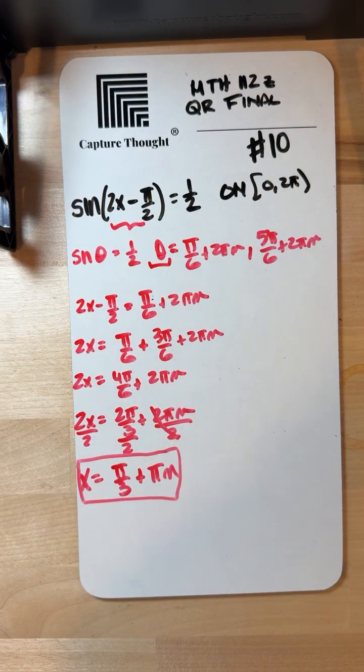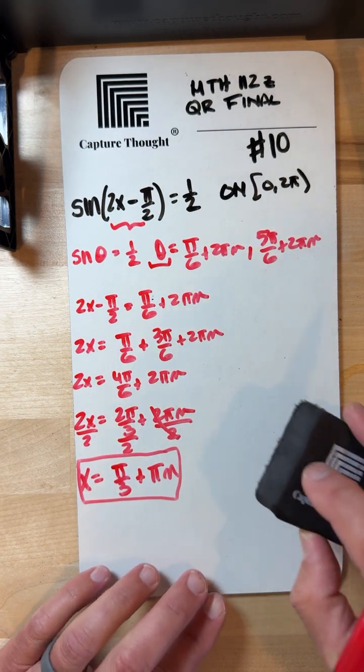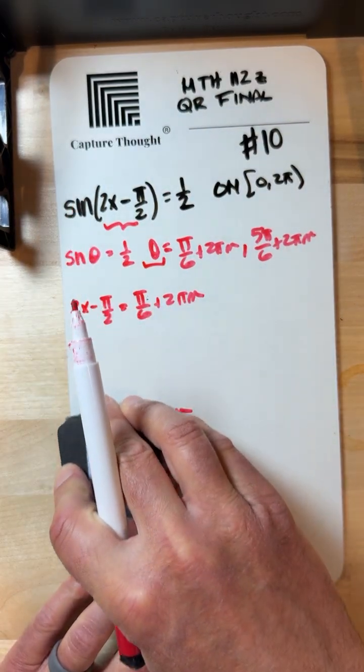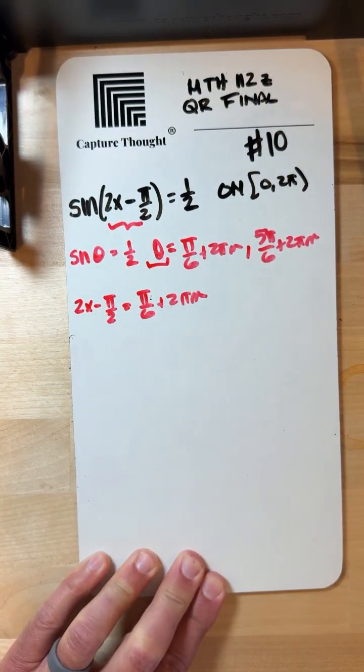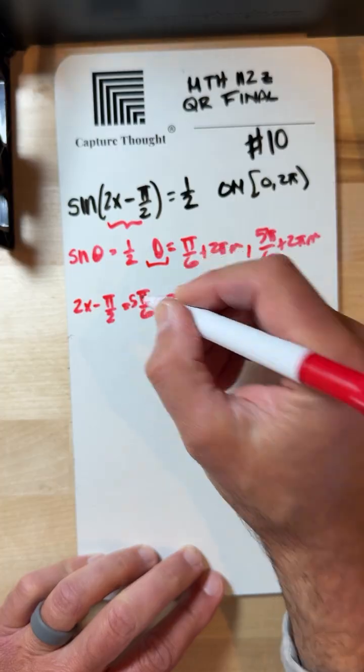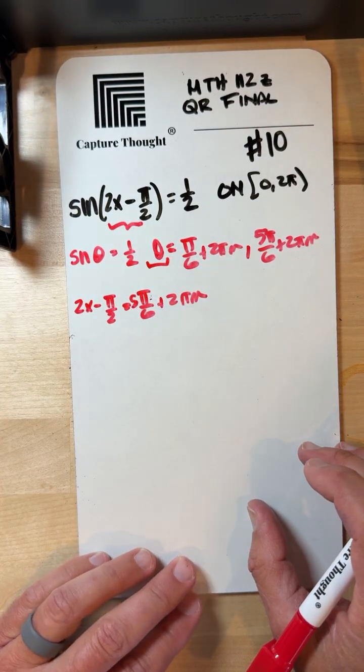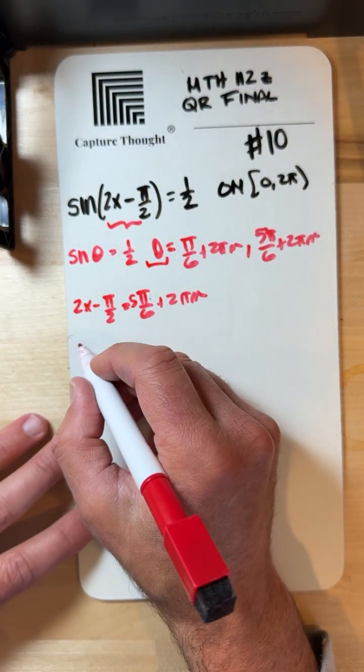Now we're going to do the exact same thing with the 5 pi over 6. So I'm going to go ahead and erase all this stuff here, because I need some more room on my board, and make this a 5 pi over 6, and do the exact same thing. So I'm going to add pi over 2.